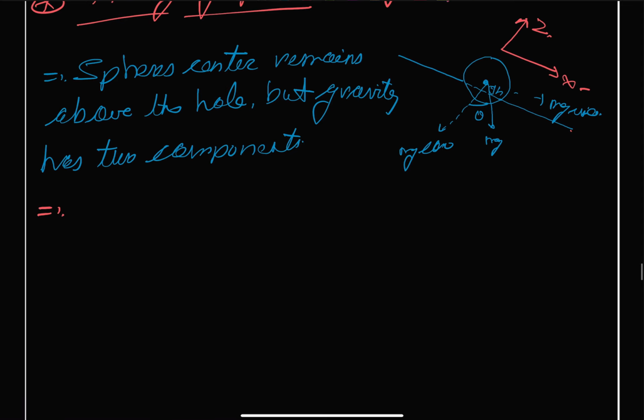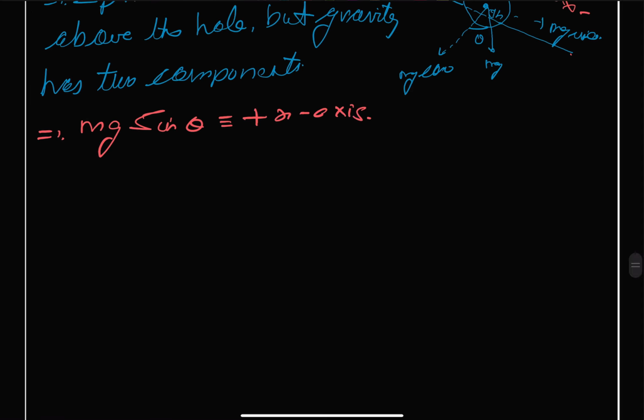Therefore we can say our mg sine of theta will be along the positive x-axis, and our mg cos of theta will be perpendicular to the plank.